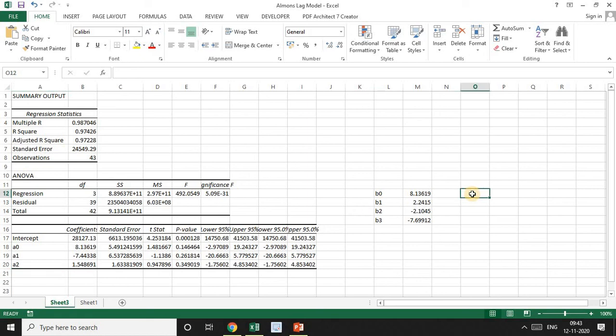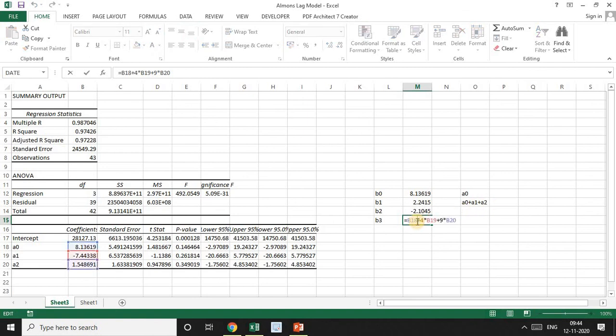Okay, so once we have estimated this model, we can construct the betas. Beta 0 is a0, beta 1 is a0 plus a1 plus a2. Now what will be beta 2? 1 into a0 plus 2 into a1 plus 3 into a2, which is minus 2.10.